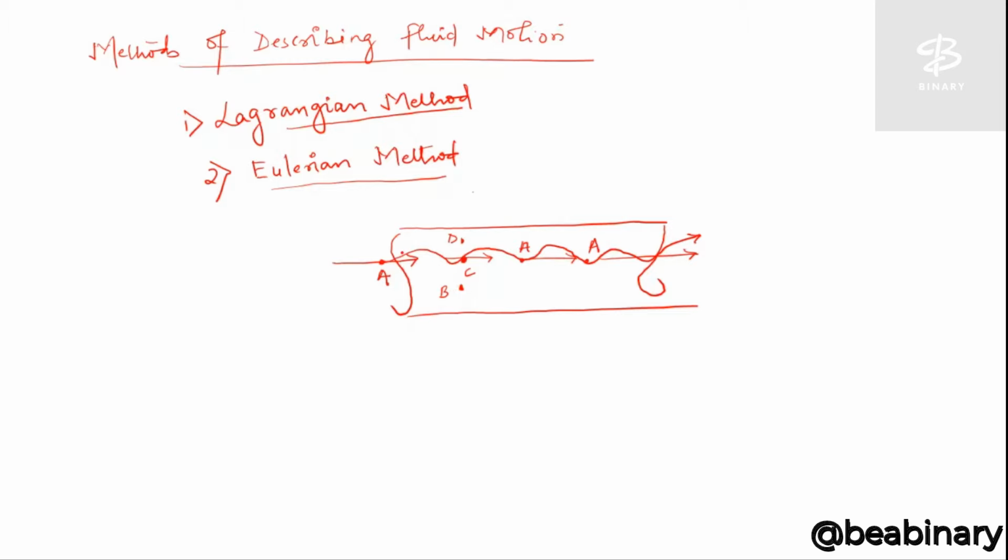So generally in fluid mechanics, we adopt the Eulerian method. Okay. I am writing it down in a summarized manner. In the Lagrangian approach, we are tracking the individual particle.